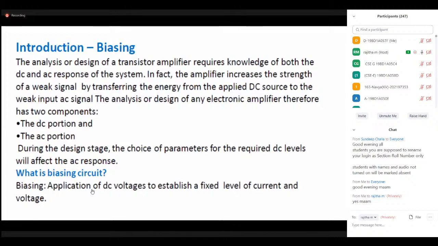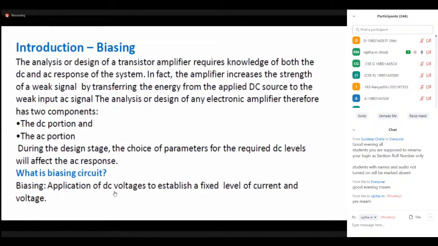Now, let me introduce biasing. What does biasing mean? We are operating the transistor under the active region. In order to operate the transistor under the active region, we have to apply some magnitude of DC signals on the transistor, which can maintain a constant amount of voltage and a fixed amount of current passing through the transistor.